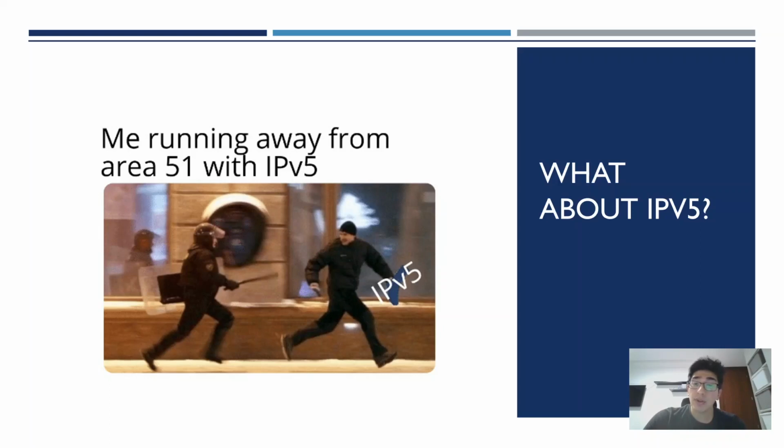Similarly, protocol version 5 was used while experimenting with the Stream protocol of Internet. It is known as Internet Stream Protocol, which used Internet Protocol number 5 to encapsulate its datagram. It was never brought into public use, but it was already used.